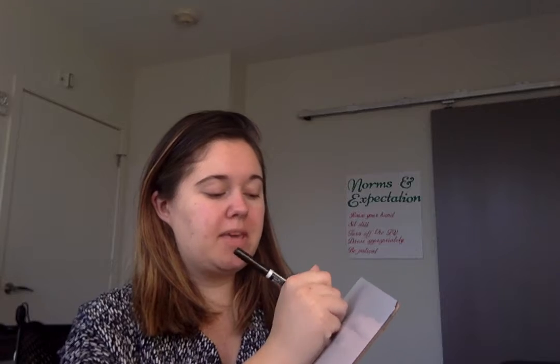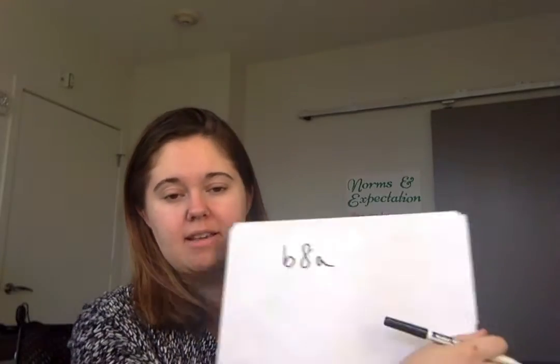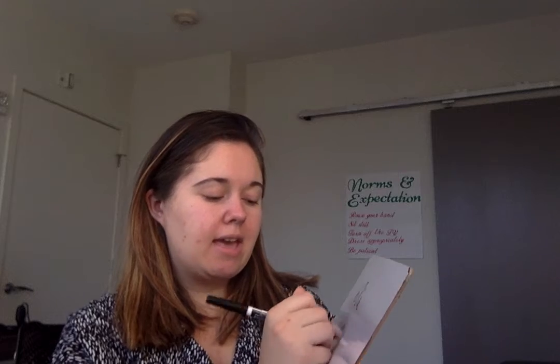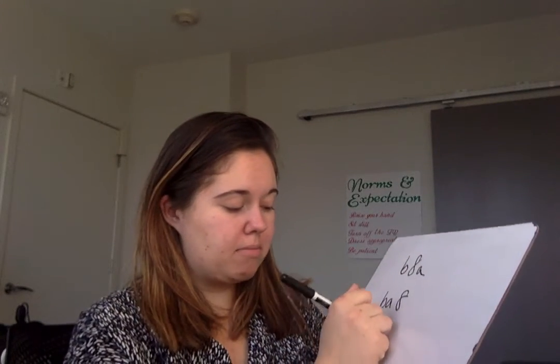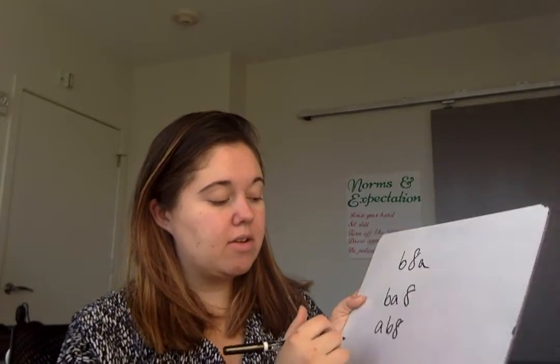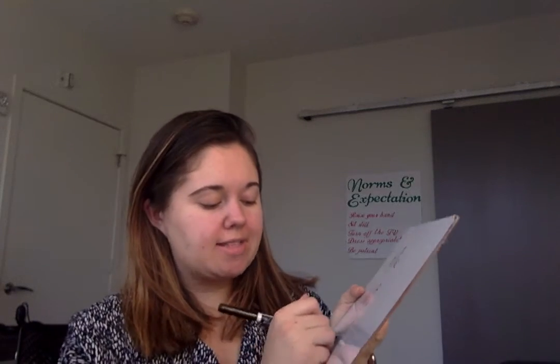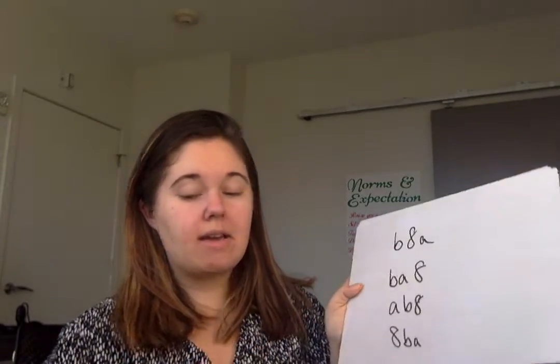Okay, so variables always follow numbers and should be written in alphabetical order. That's really important to know. We are not going to write it as B8A. We're not going to write it as BA8 or AB8. We can't even write it as 8BA.